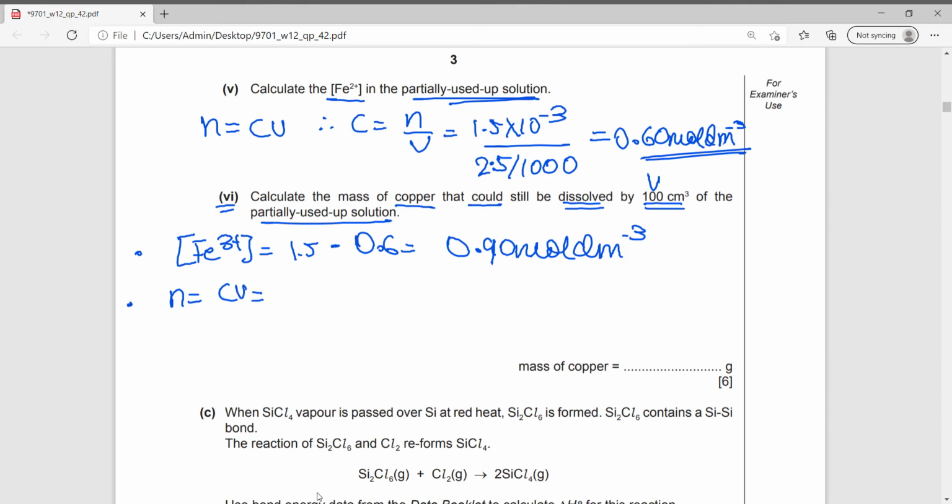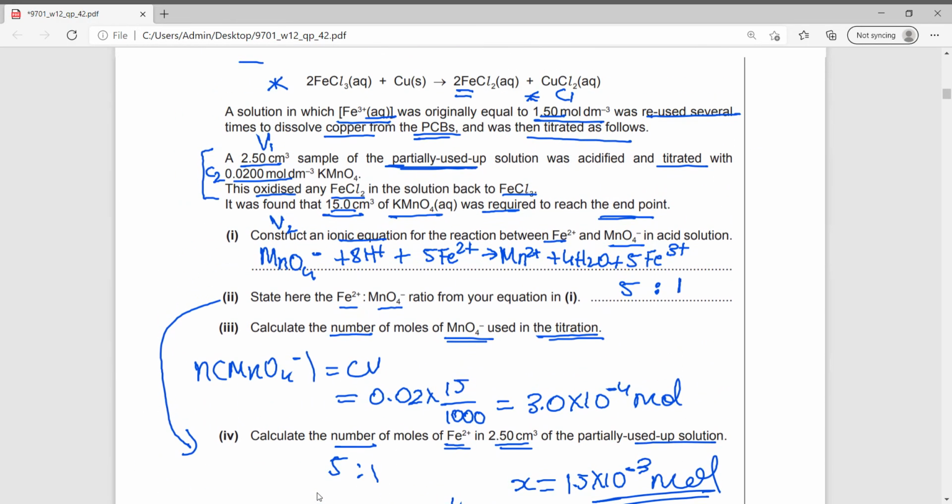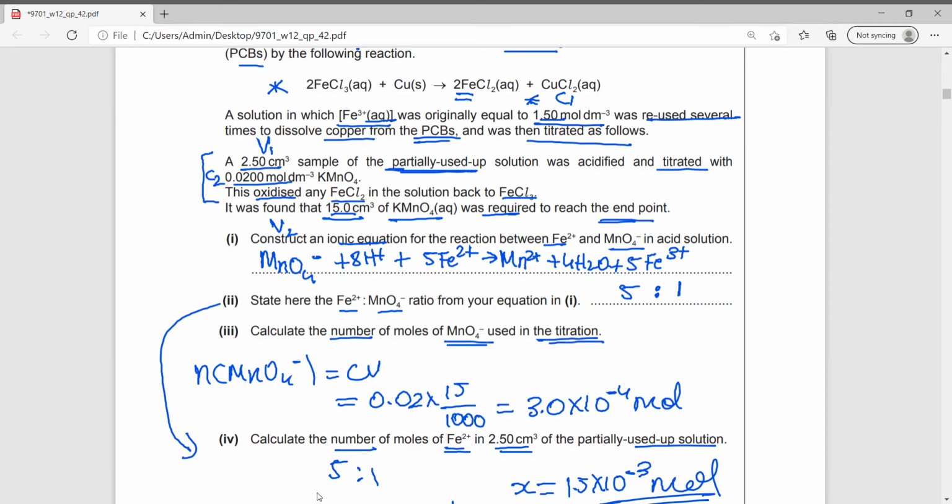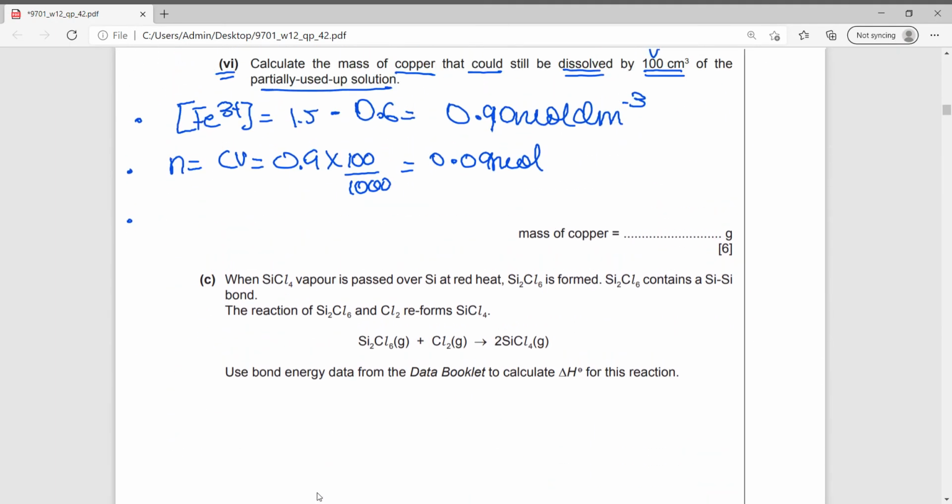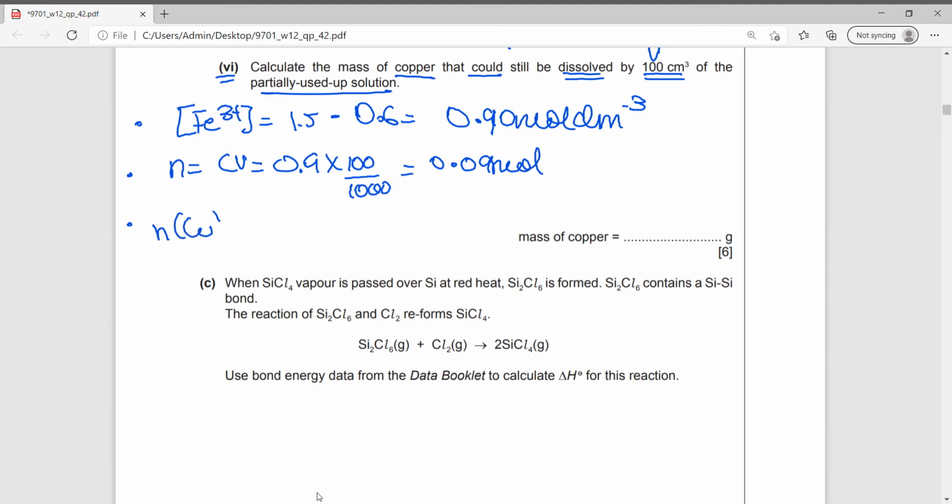So Cv is equal to 0.9 times the volume in dm3, which will give you 0.09 moles of Fe3+. You go back to the equation, you see that Fe3+ and copper are in a 2:1 ratio. So the moles of copper would be the moles of iron divided by 2. The answer is 0.045 moles.